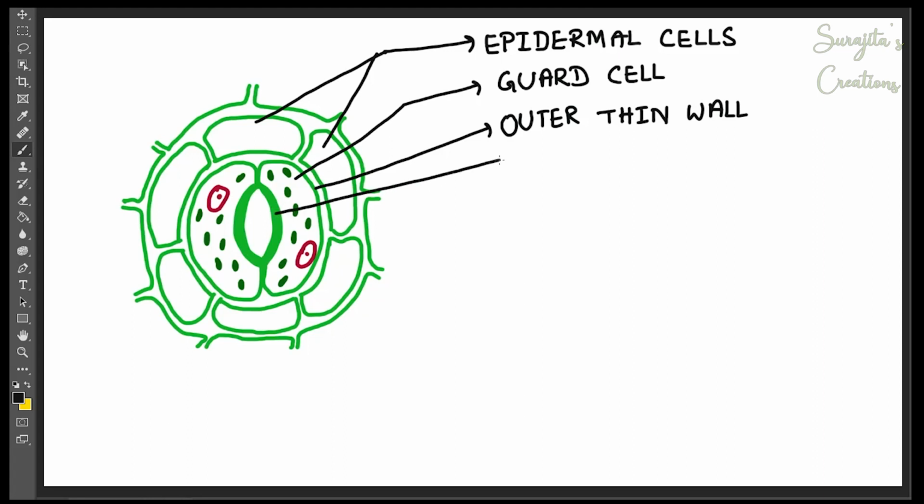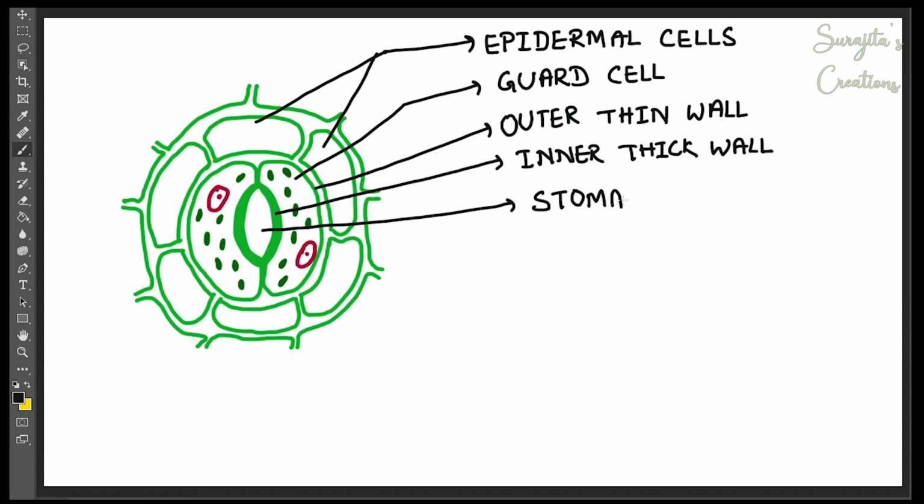This is the inner thick wall of the guard cell, that is close to the stoma. This aperture is the stoma as it is open. So this is the structure of the open stomatal aperture.